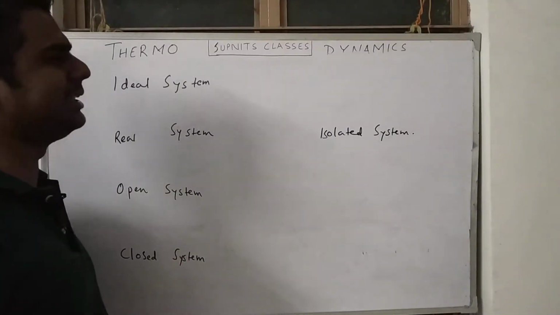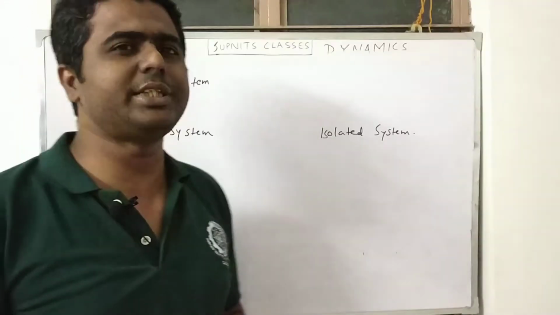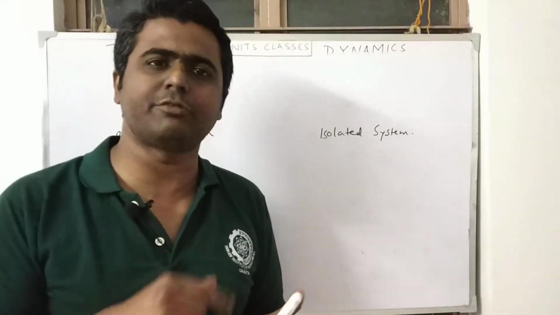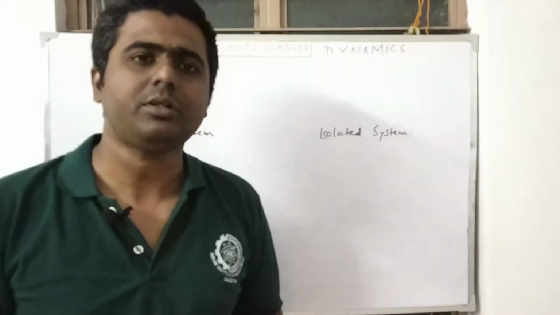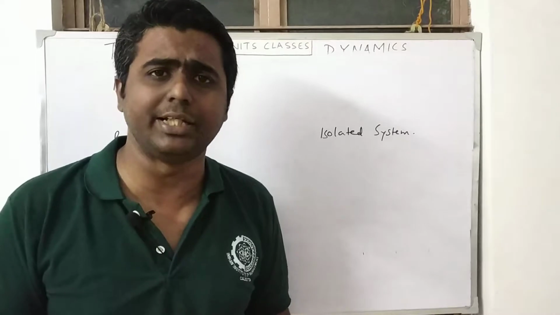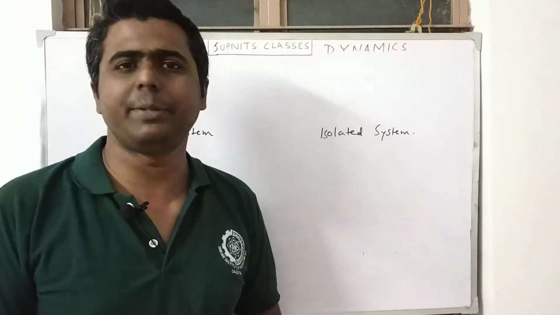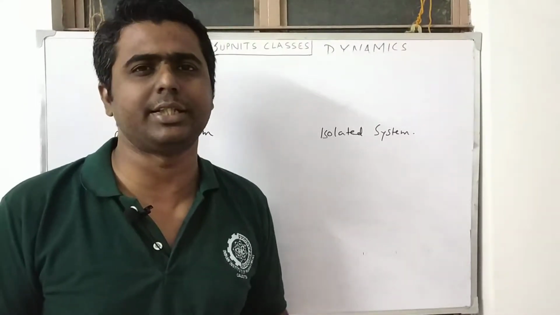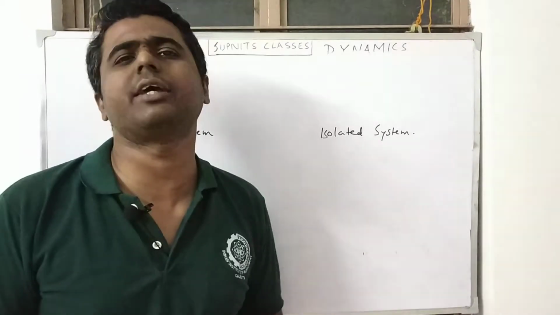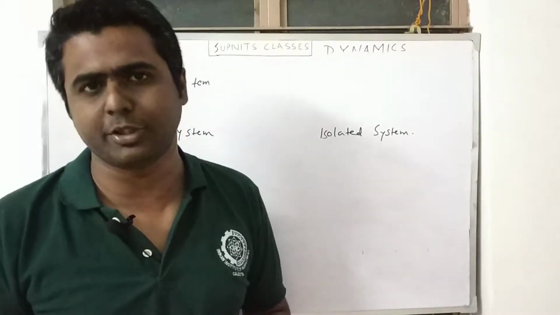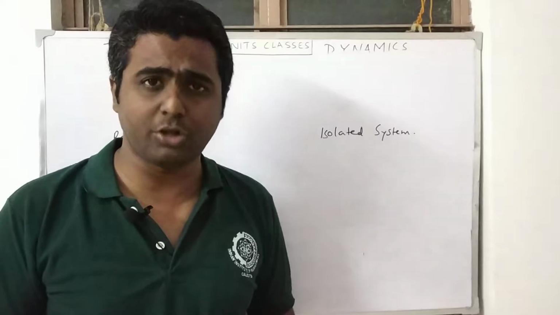Number 2 is real system. Real system means in which there is deviation from ideality. Okay, so if there is deviation from ideality, like in the fluids we have seen, PV is not actually equal to nRT. There is a Z value which shows the deviation from ideality, compressibility factor Z, which is not equal to 1.